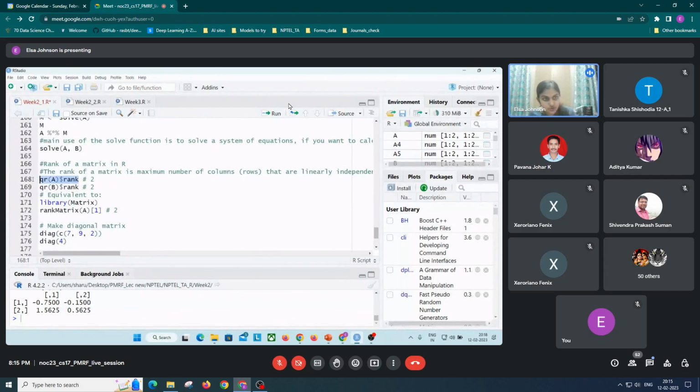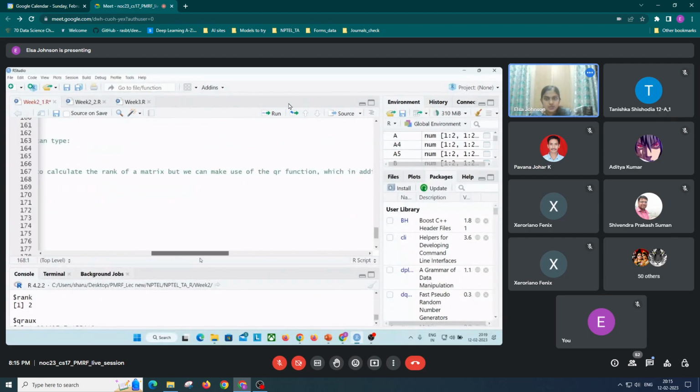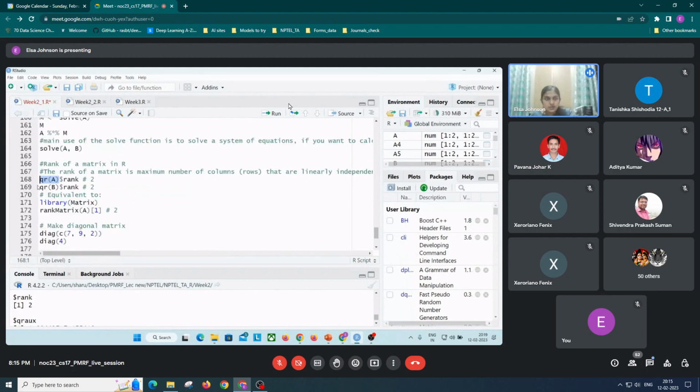If you just put QR of A, you will be getting many things, and one of them is rank. If you want to see more of that, I think you have to go for the help option. Anyway, it's not needed right now.